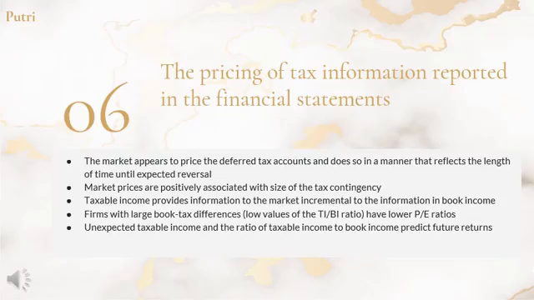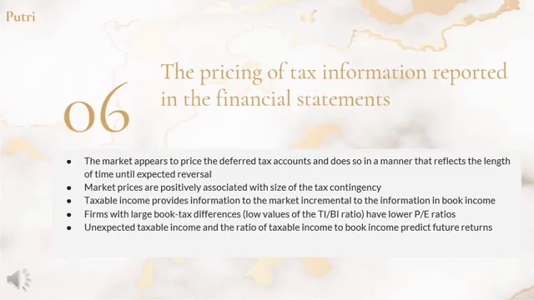Second, market prices are positively associated with the size of the tax contingency. Third, taxable income, estimated using tax information in the financial statements, provides information to the market incremental to the information in book income. However, the relative contribution of estimated taxable income decreases to the extent that firms engage in aggressive tax planning.